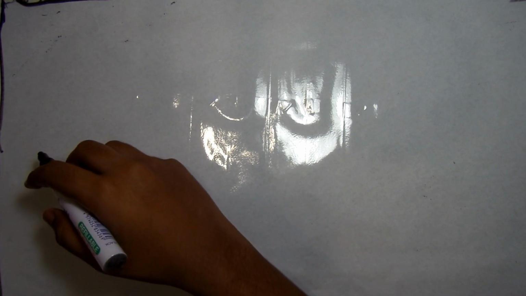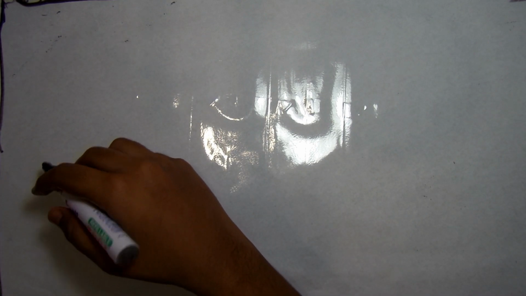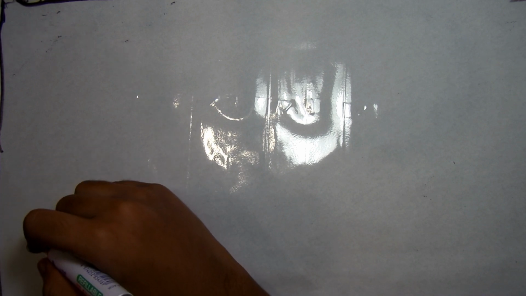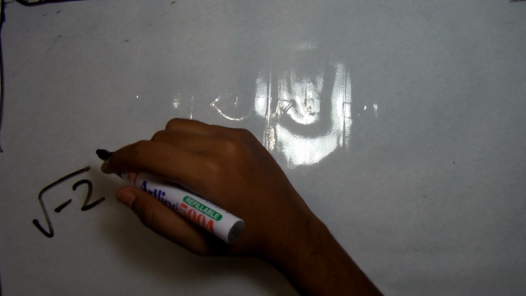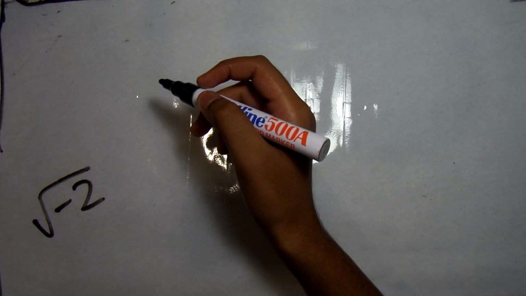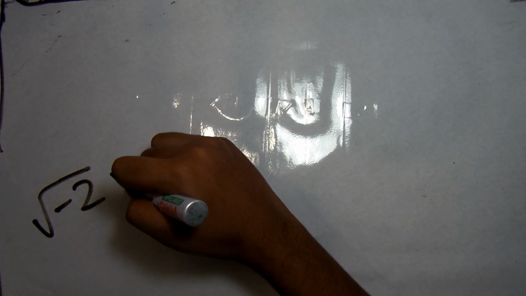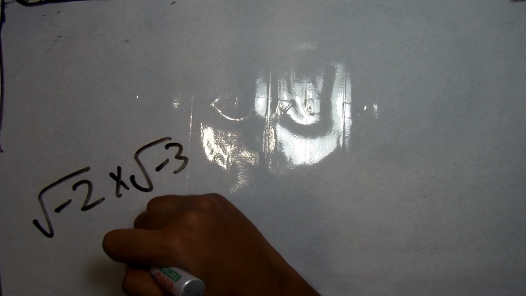So let's have a look at that same one. The square root of negative 2 times the square root of negative 3. First step, convert both of these to complex form.